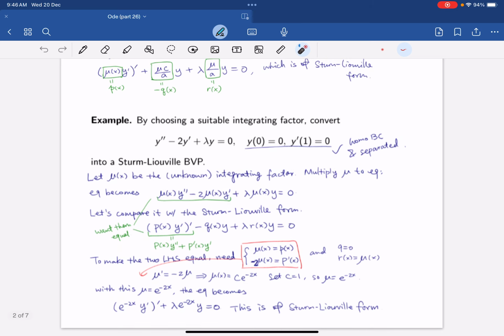And with that, we are able to solve for mu, which is this. So we just set the c equals to 1, because any constant multiple will work. Then the integral will be this, and as such, we get this equation, which will then be now in Sturm-Liouville form.